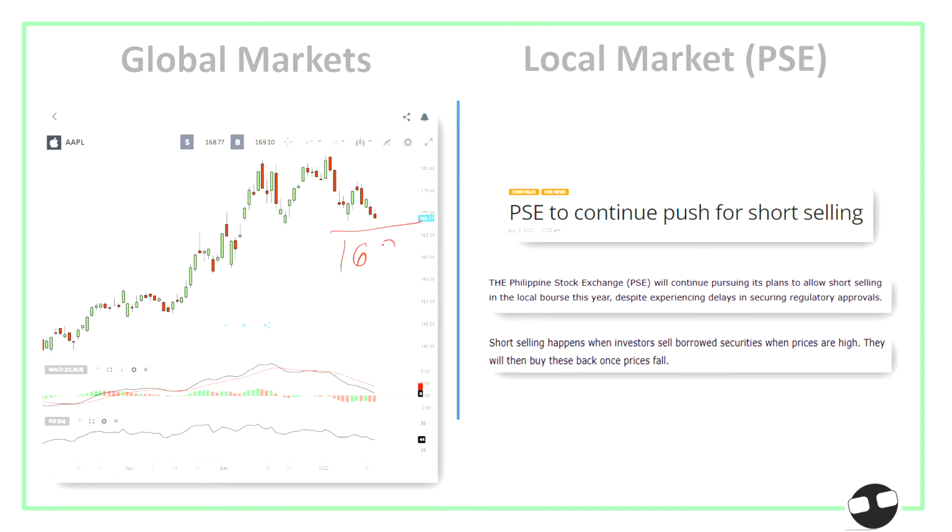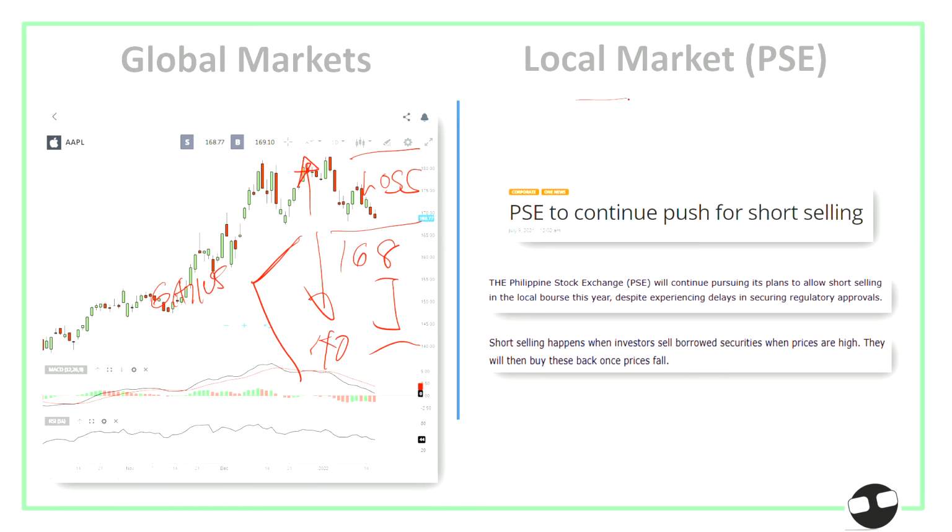You sold it at 168. If the price goes down to, let's say, 140, the difference there is actually your gain. Now what if the price goes up? Since you have a sell position, this area here is actually your loss area. This area down is actually your gains area. So that's about short selling.